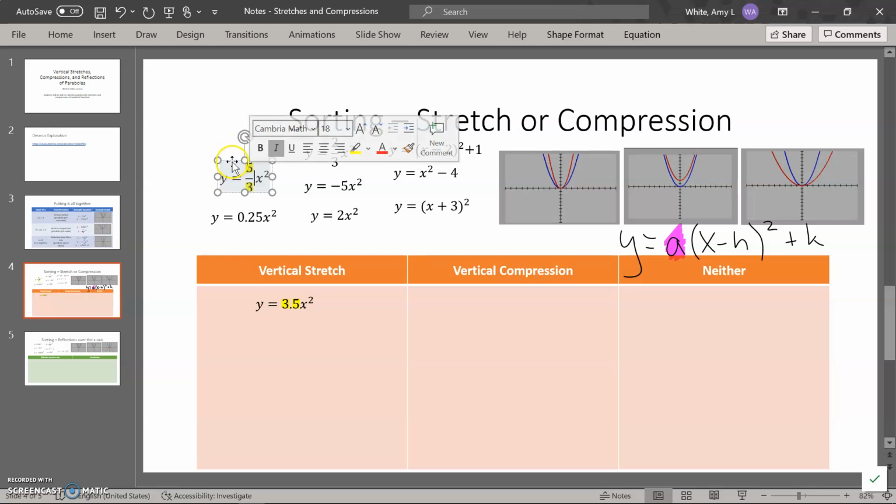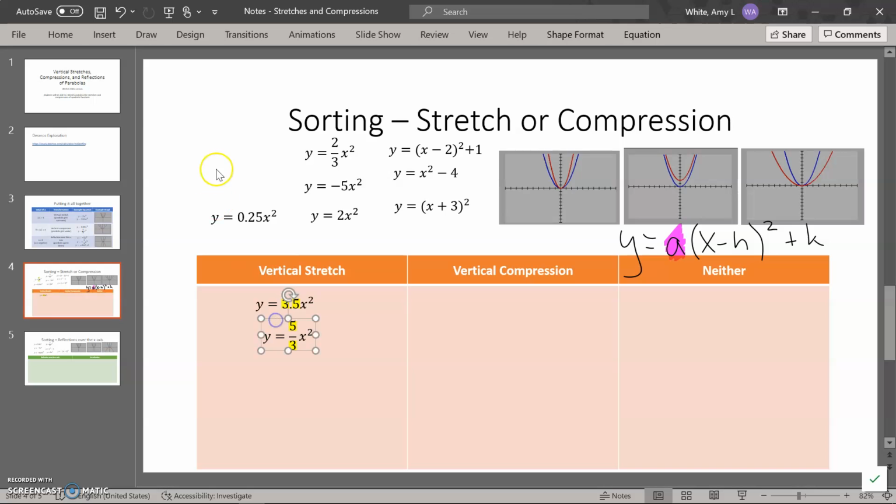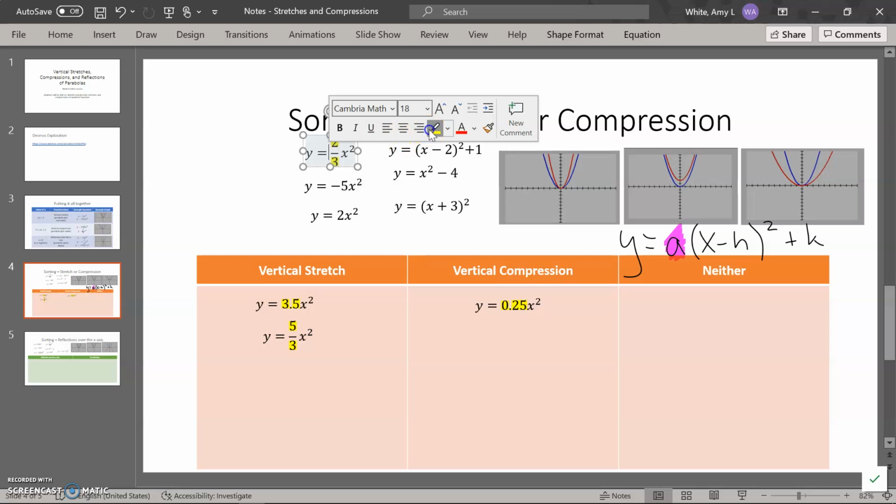That is more than 1, so it is a vertical stretch. In this case, 0.25. 0.25 is less than 1. It is between 0 and 1, so we would call that a compression. This one is between 0 and 1, so we are going to call that a compression.